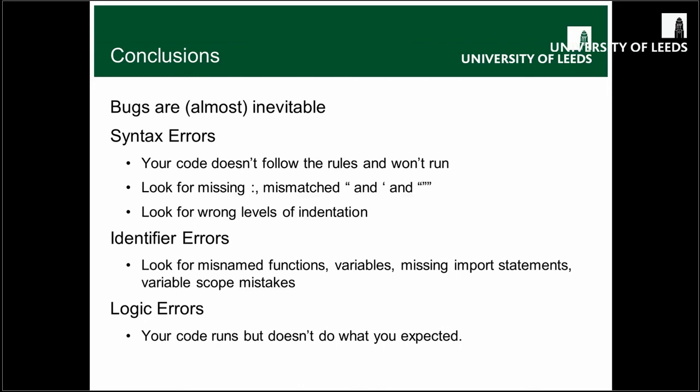And it's very easy to get that wrong and have the wrong scope of the variable. And then finally, the big problems are the logic errors, and that's your code runs but doesn't do what you expected. And of course that tends to be the really common error that you tend to find. So in the next videos we'll talk more about how to avoid logic errors.